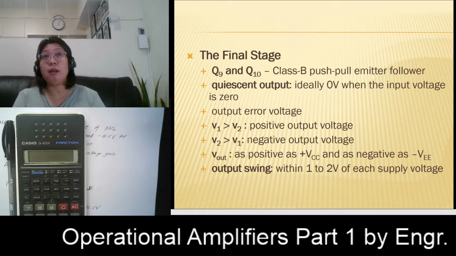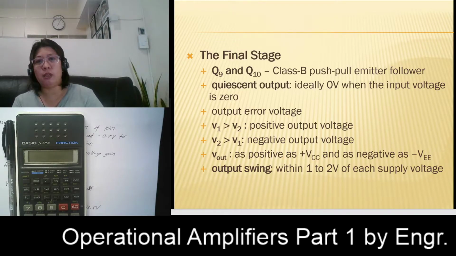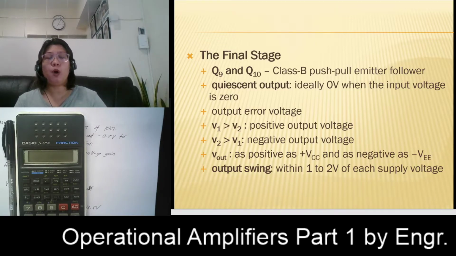However, for a practical operational amplifier, your output swing is usually within 1 to 2 volts of each supply voltage. So if our supply is plus and minus 18, we are just expecting roughly plus or minus 16 volts, because some of our components also have voltage drop. Therefore, the positive VCC and negative VEE output is only an ideal value.